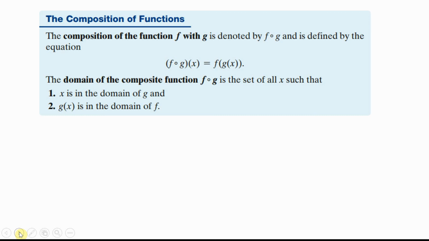That little o is the composition operator. It simply means f composed with g. What does that mean? That simply means that g is acting like a number with respect to the function f. So f composed with g is f of g of x.